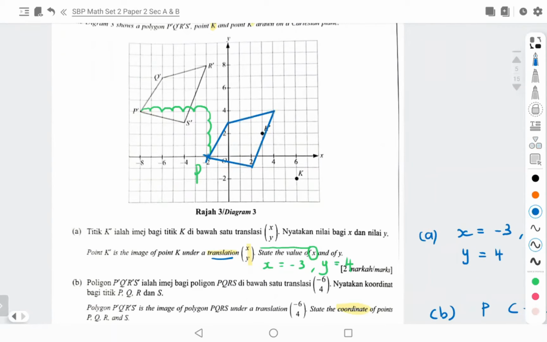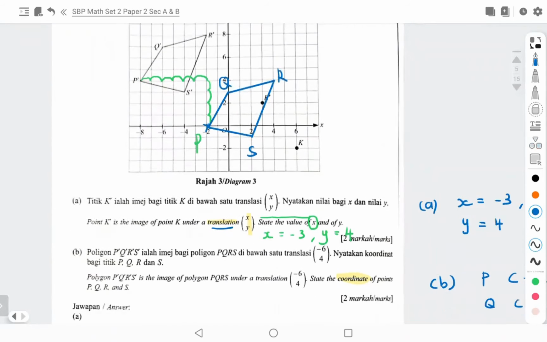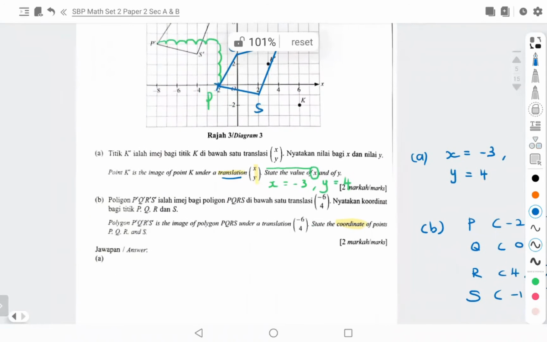Then you label S, Q, R. Then you can check out the coordinates already. You can write this one, B. P coordinates -2, 0. Q is here, so it will be 0, 3.